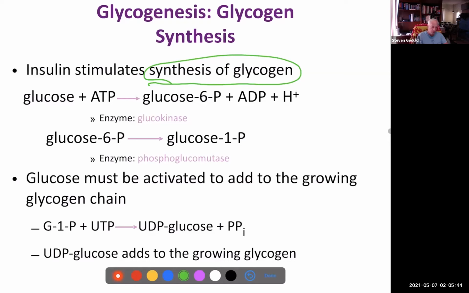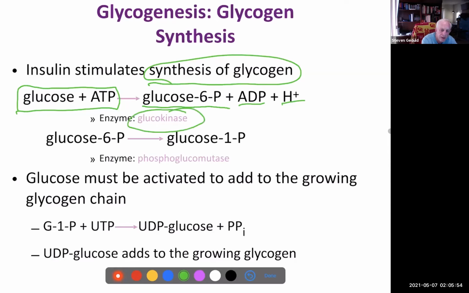Okay? So glucose plus ATP, okay, goes to glucose 6-phosphate plus ADP plus hydrogen. The enzyme involved in that is glucokinase. Then glucose 6-phosphate goes to glucose 1-phosphate, okay, by the enzyme phosphoglucomutase. So glucose must be activated to add to the growing glycogen chain.